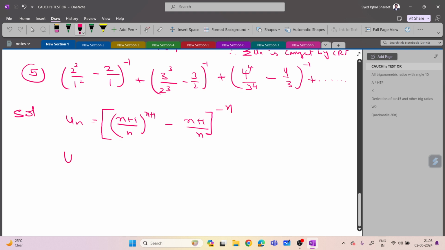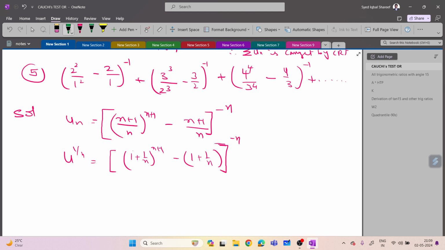Now un whole to the power of 1 by n equal to, this we can write 1 plus 1 by n whole to the power of n plus 1 minus 1 plus 1 by n whole to the power of minus n. So what we are doing?